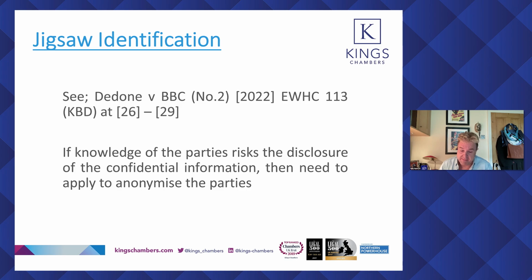If I give you an example, if, for instance, scurrilous allegations are being made on the internet or in the press, they don't name the individuals, but suddenly they pick up from the court list that an injunction application has taken place between two parties who fit the profile of the allegations which have been made, then there's a risk of jigsaw identification.